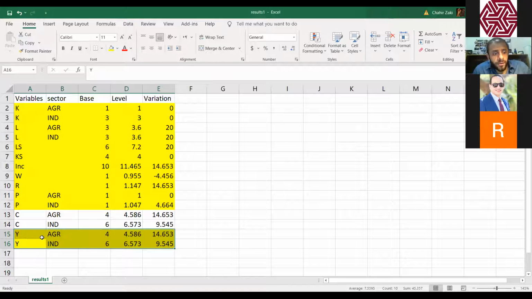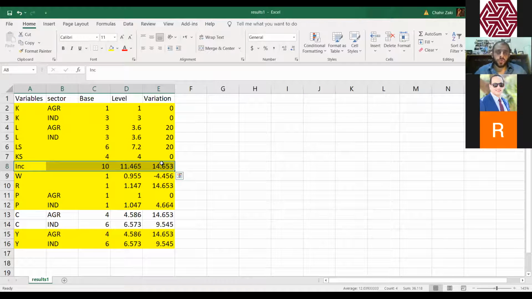So when agriculture increases more than industry, and bearing in mind that income increases in general, consumers will buy more of the two goods. If they buy more of the two goods, and the relative supply of one of the two goods has increased more than the other, then relatively speaking, the price of agriculture will have to increase.